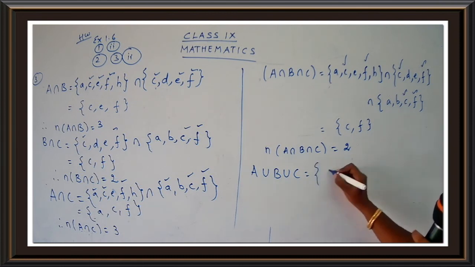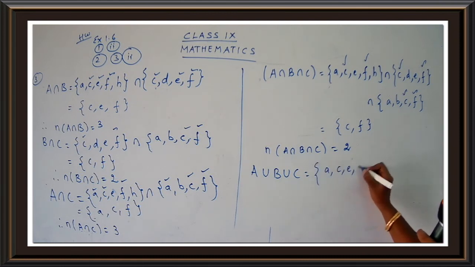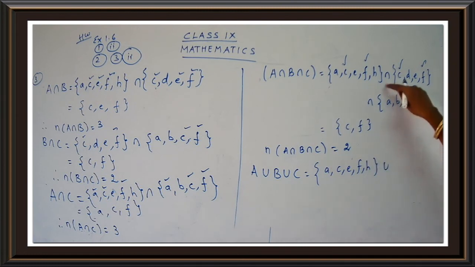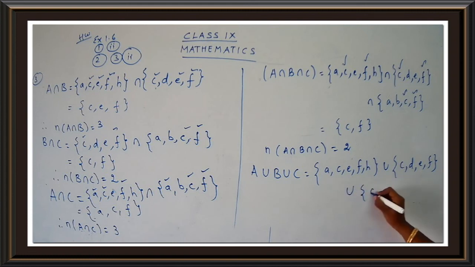So this is A, C, E, F, H, union C, D, E, F, union A, B, C, F. Wherever you put the intersection, you use the union.